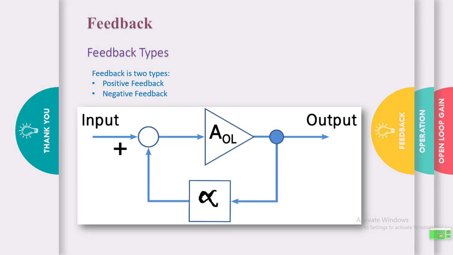But if this alpha is negative, then your input decreases because input is all the time positive. So if your input decreases, that should be called negative feedback.